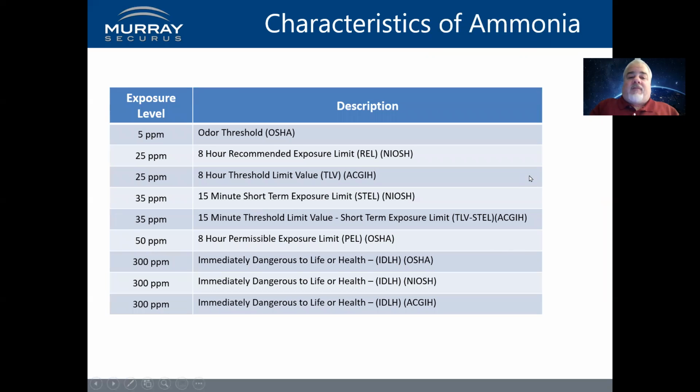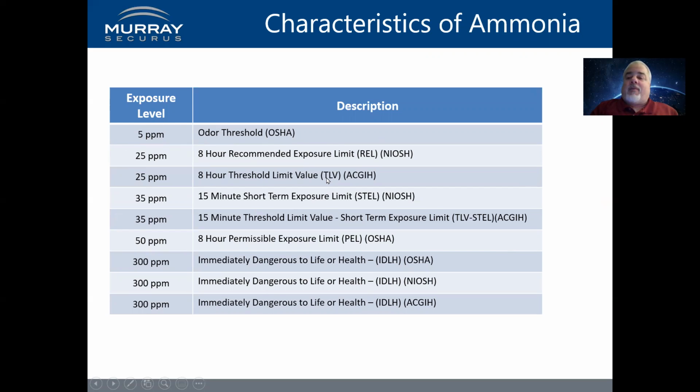So what are the levels of ammonia that are acceptable? 5 parts per million is considered the odor threshold, where you can actually smell the presence of ammonia. At 25 parts per million, that is the 8-hour exposure limit.